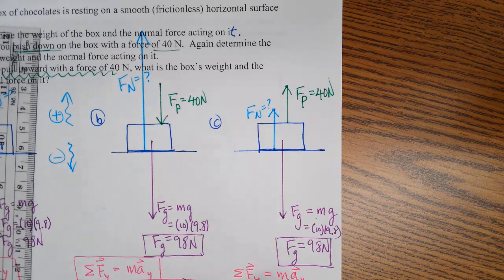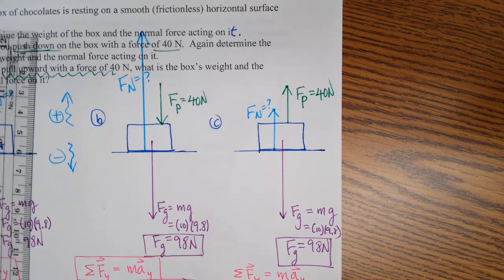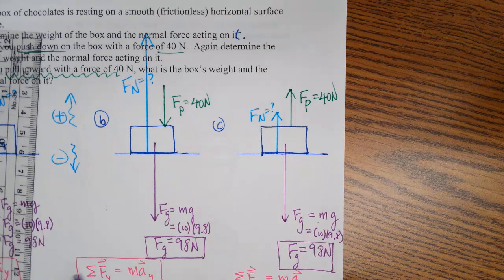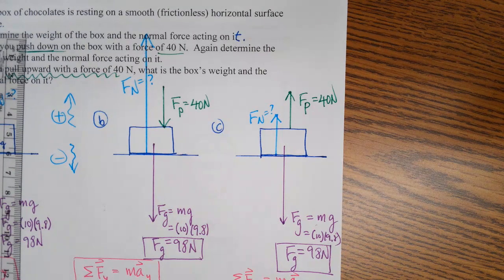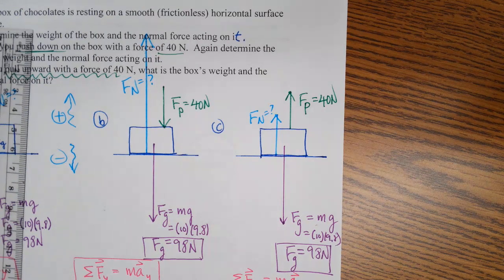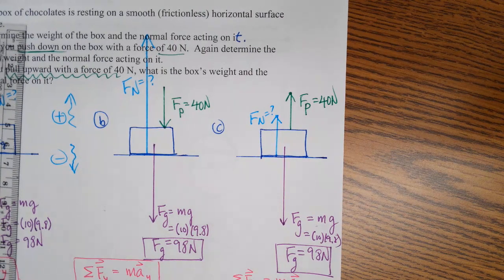So my m a_y is equal to F normal plus Fg plus F pull. So m a_y, I'm giving directions now, is equal to F normal minus Fg plus F pull.